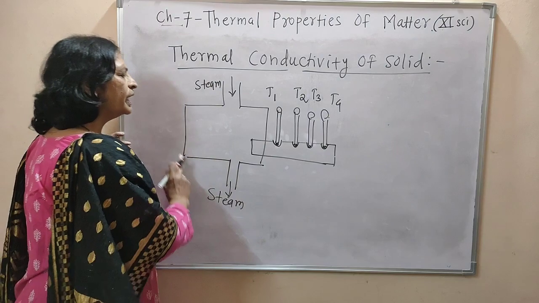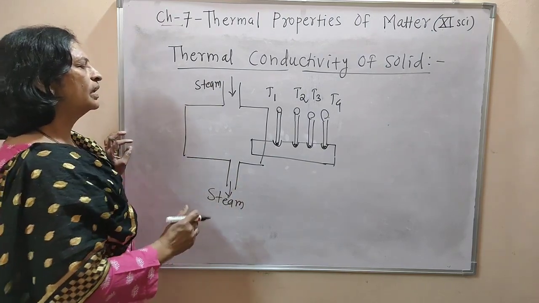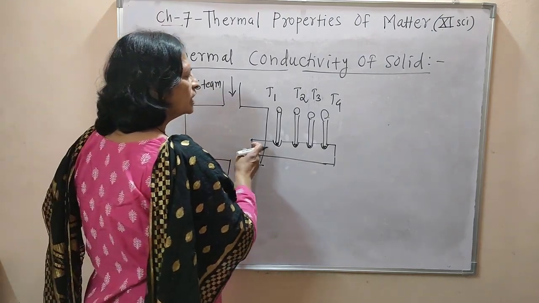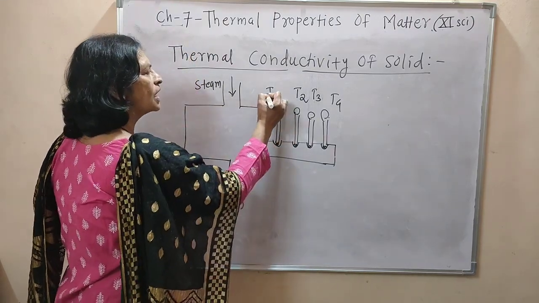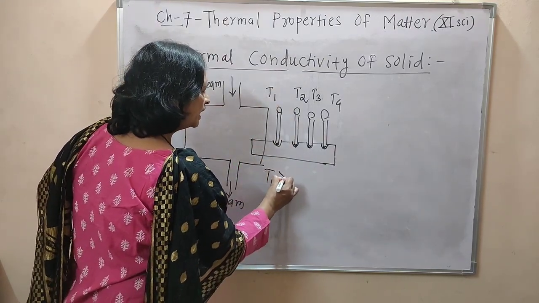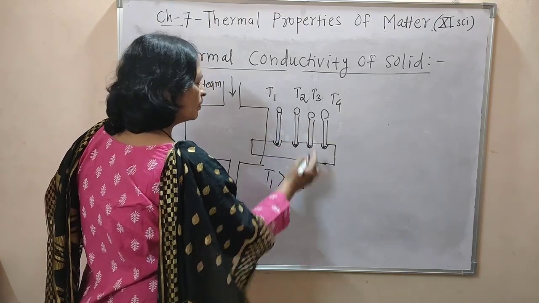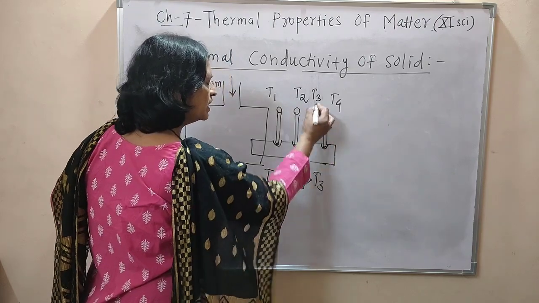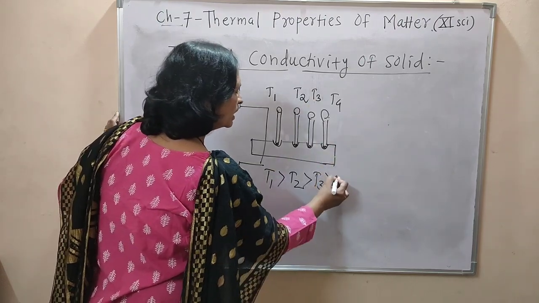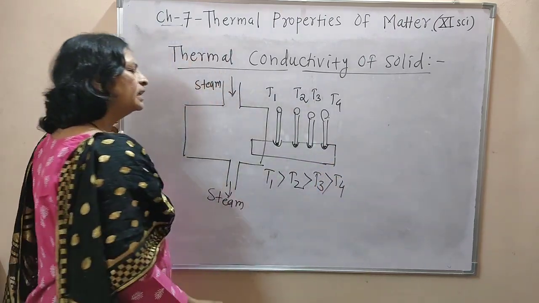When steam is flowing through this steam chamber, due to conduction this rod gets heated, and the temperature of thermometer T1 is greater than T2, T2 is greater than T3, and T3 is greater than T4.